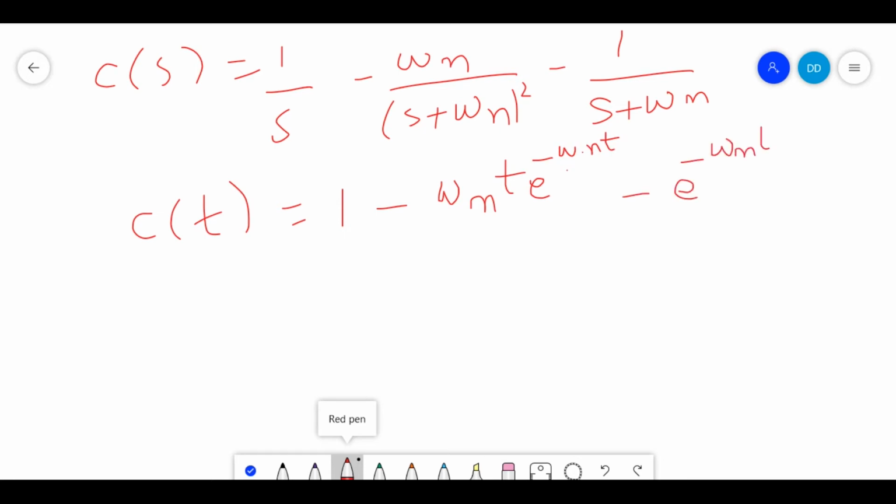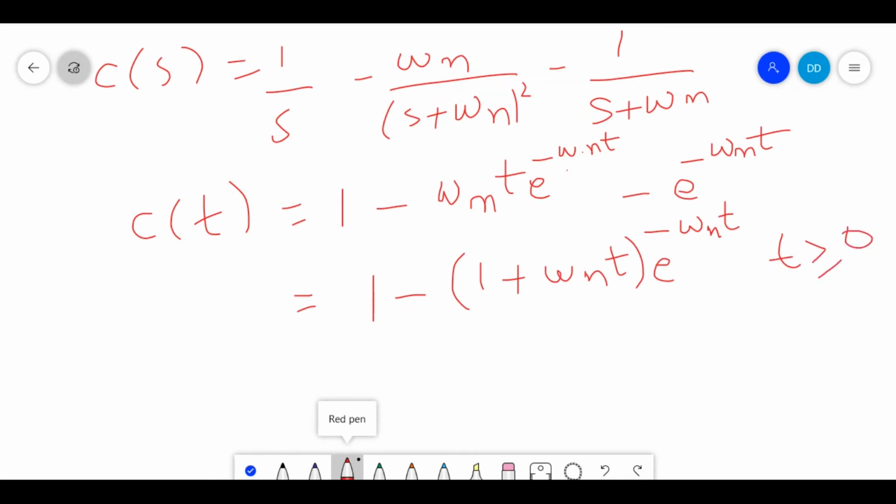minus e to the power minus omega n t, or it can be rewritten as 1 minus 1 plus omega n into t into e to the power minus omega n into t for all values of t greater than or equal to 0.